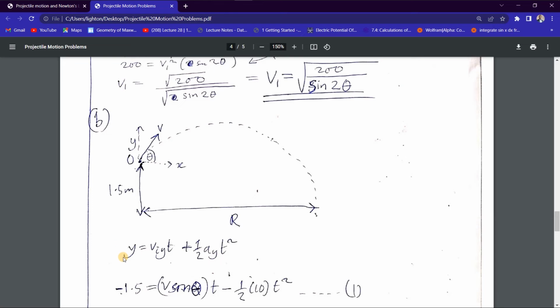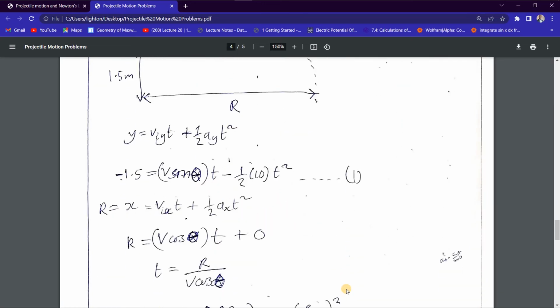And here you have y, which is negative 1.5, as you can see, minus 1.5 being equal to v_iy t, which is v sine theta times time, minus again, because acceleration always points down and downwards is negative. That's why we're having a minus 10 there with the half and the t squared. So we take that as equation 1.